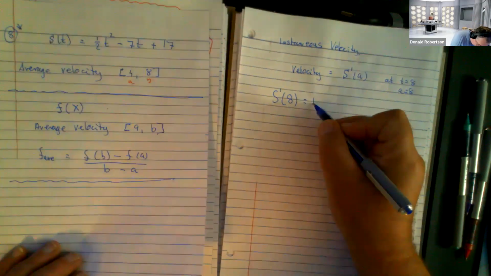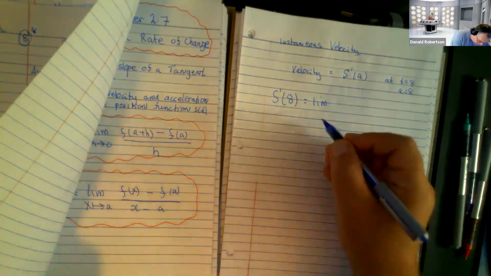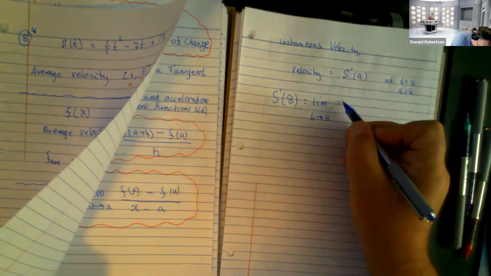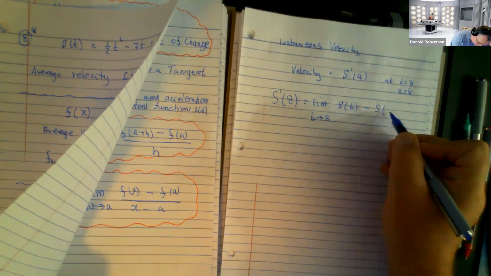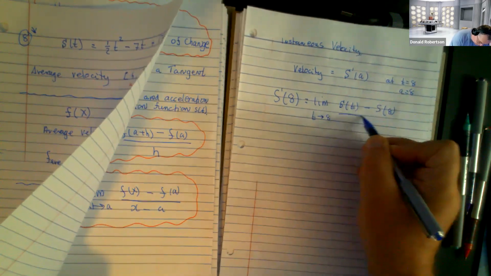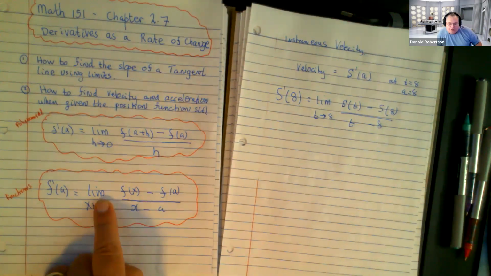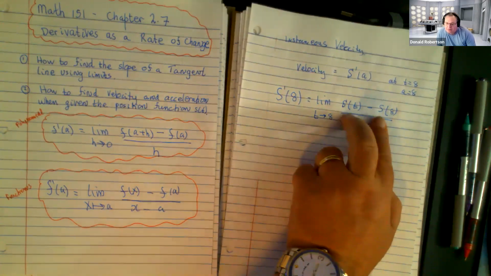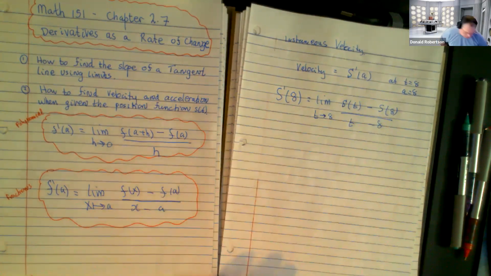So it's going to be the limit as, I'm going to have to change the variables, so t tends to 8. And it's not going to be f anymore, it's going to be s of t, take away s of 8, all over t, take away 8. So that's the one we're using. Do you see the a's become 8? A minor cosmetic change, right?